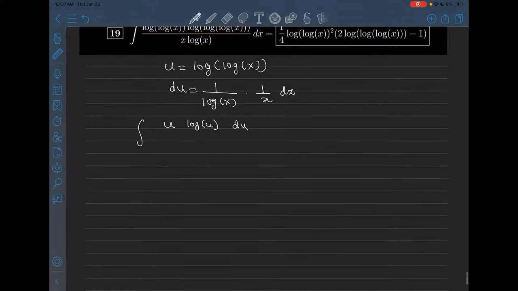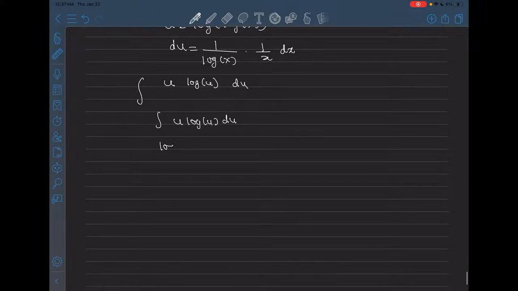Yes, and now we can do it easily. So it's just u log u du. Now we can do integration by parts. So log u with u square by 2 minus integral of 1 over u with u square by 2 du, right? Yeah, I just differentiated log u and integrated u.